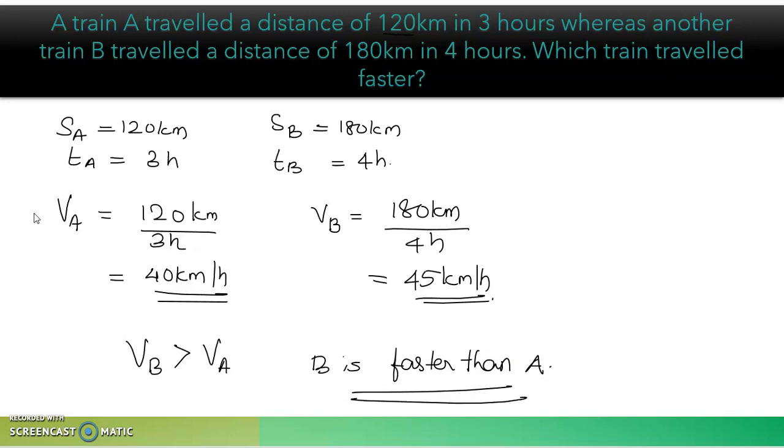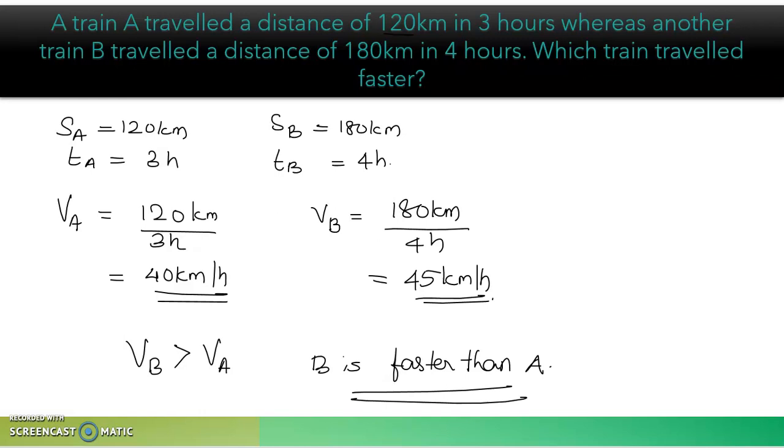Okay. See, in this case, we need not convert any units into meter per second because it's a comparison question. Both the values are given in kilometer and hour, and both the values we calculated in kilometer per hour, right? So we don't have to do any conversions here, but in actual numericals, when we deal with speed, velocity, acceleration, etc., we will have to solve all the questions in SI unit.